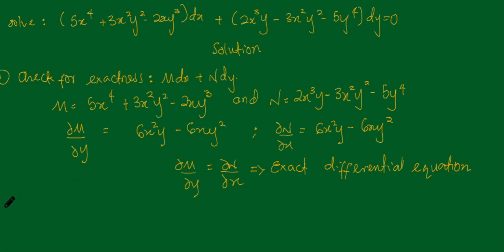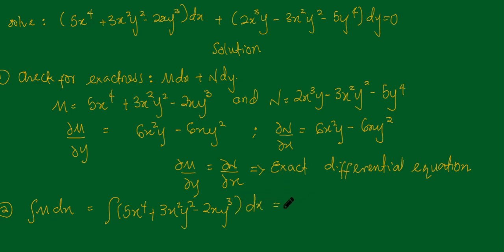The next step is to integrate M with respect to x. That's the integral of 5x raised to the power of 4 plus 3x squared y squared minus 2xy raised to the power of 3 dx.